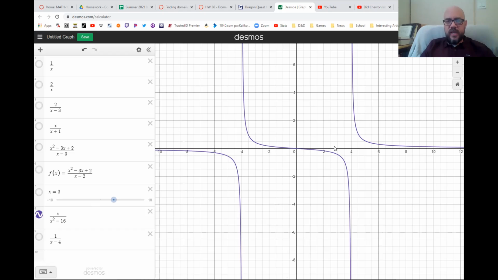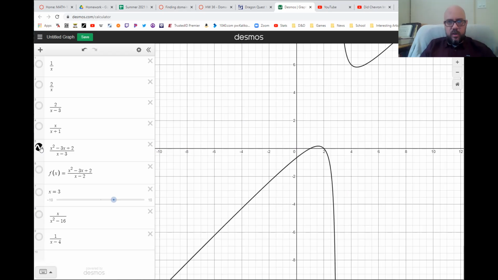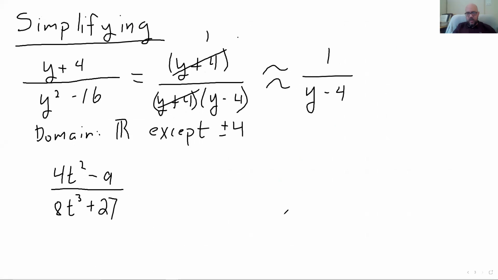Okay, so that's how you can tell when you're going to get something that is a little bit different, is when things cancel. So for instance, the reason this one and this one look very different is because, well, I hope I have it on my next page here. I'll do this one in just a second, just as another example. Oh, I don't.